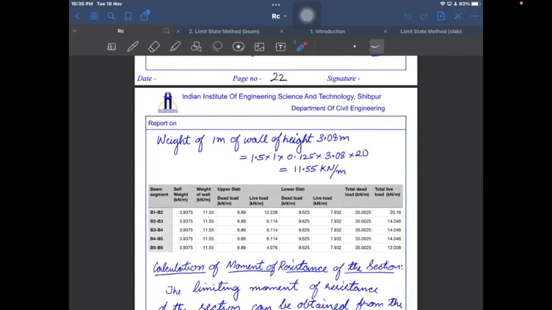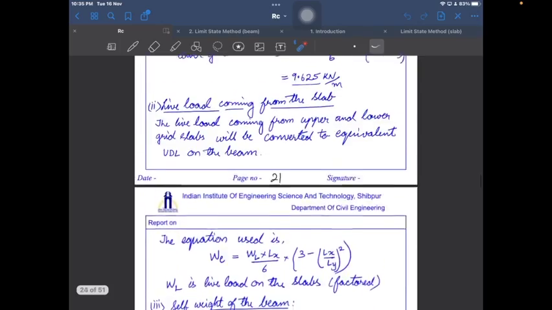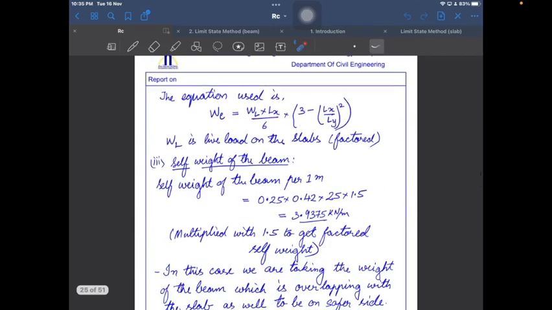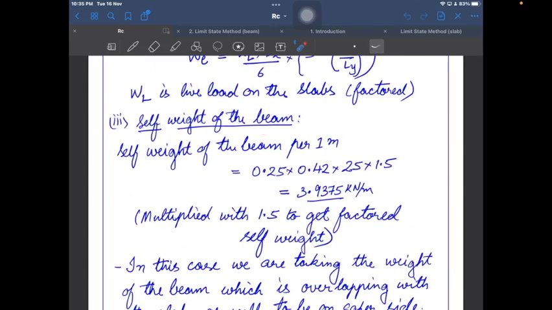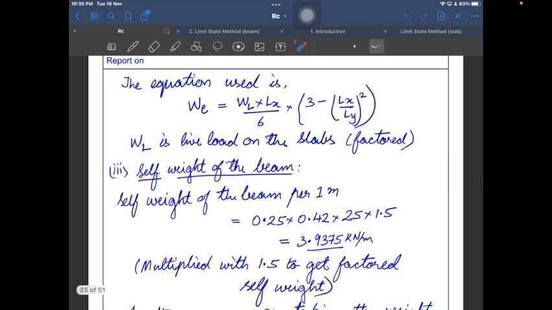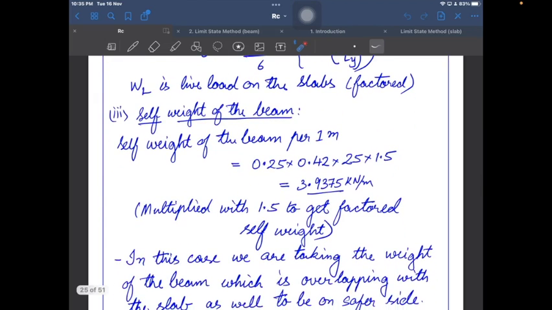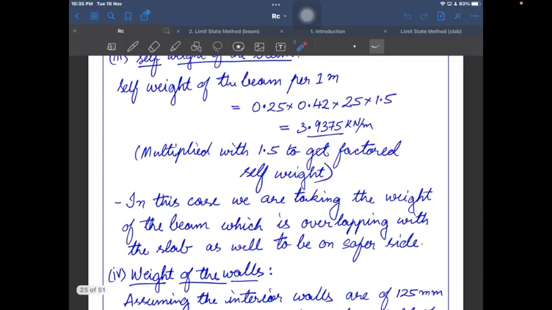I have skipped two loads, like the self weight of the beam. I have explained till here, right? Yeah, so self weight of the beam is there. Self weight per unit distance, we do this.